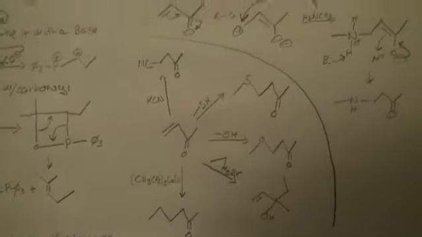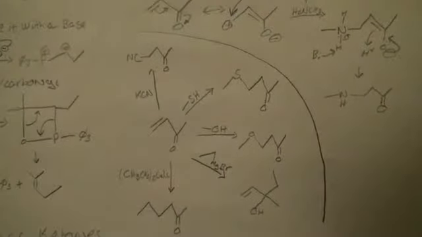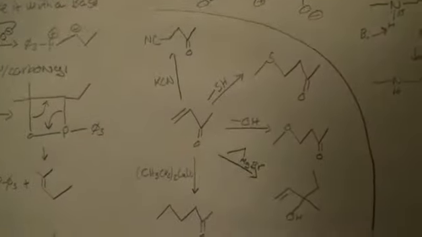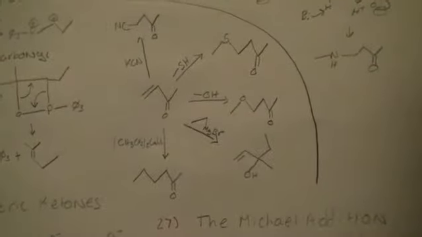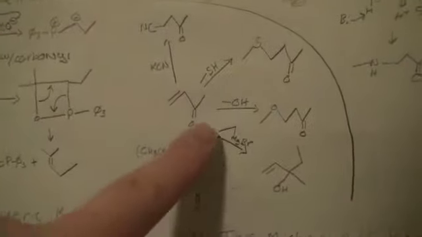Common reactions you'll see with these, just with normal nucleophiles. We'll get to the Michael addition a little later, which includes one of these. You can use cyanide, a carbon attached to SH, carbon attached to OH, a Grignard. Well, a Grignard reacts a little differently. A Grignard actually attacks the carbonyl carbon.